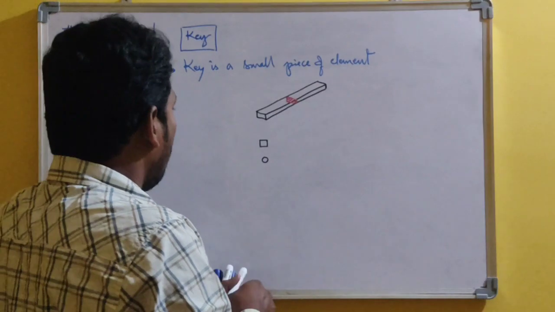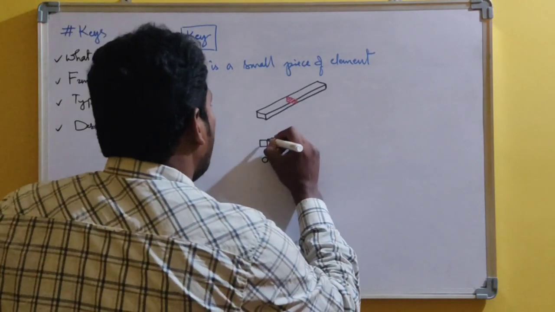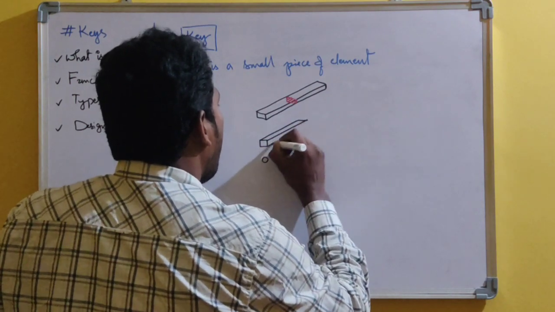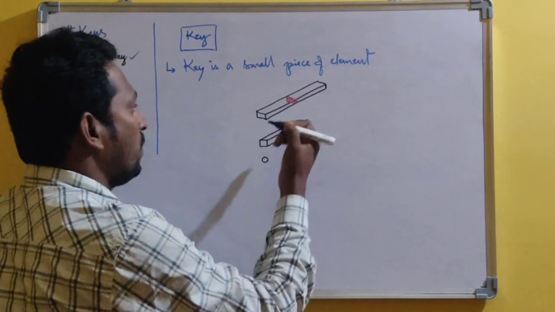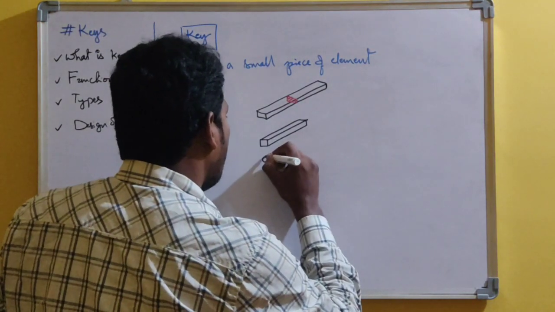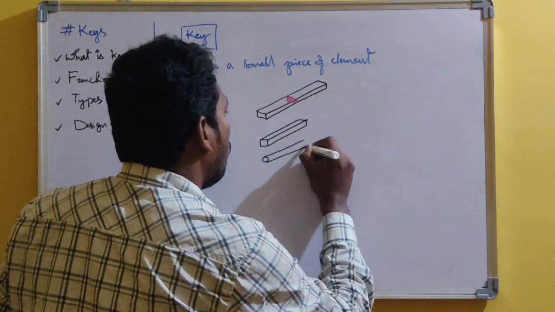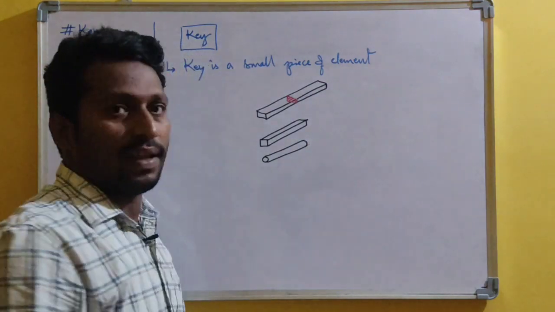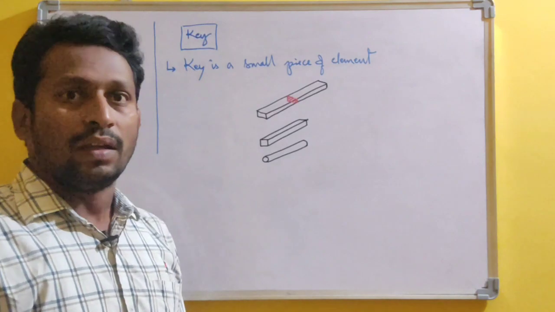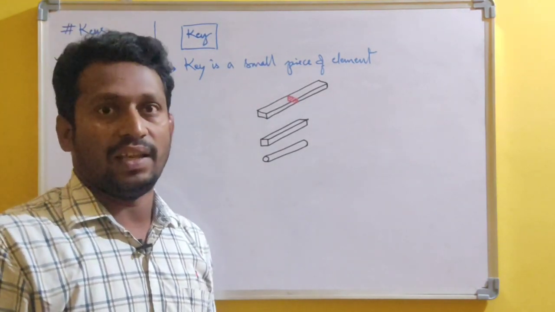Here I will show what square cross section keys look like. See, this is the key which has a square cross section, and this other key has a circular cross section. So these are the various general kinds of keys based upon the cross section area.